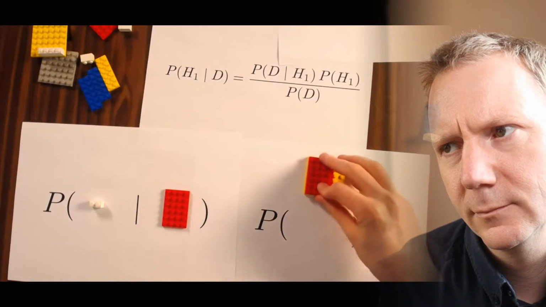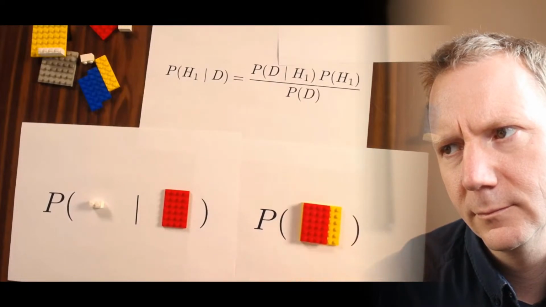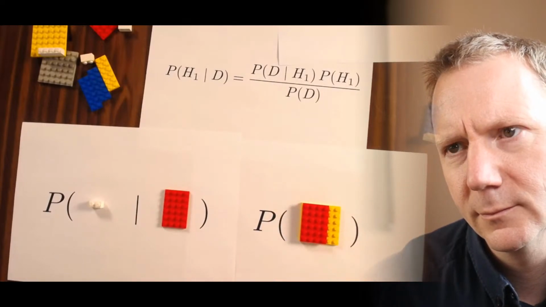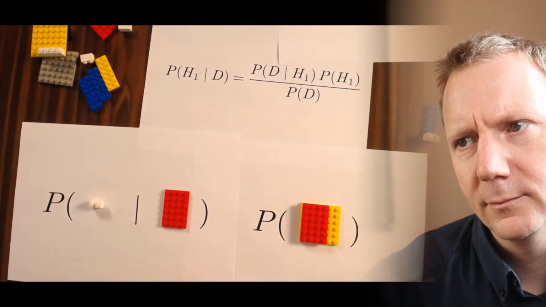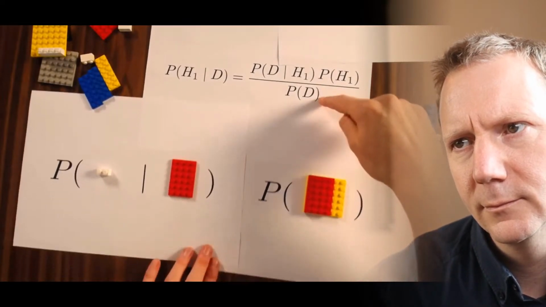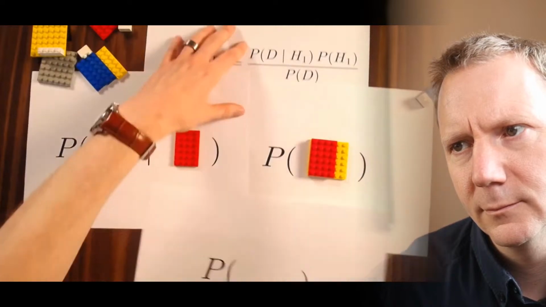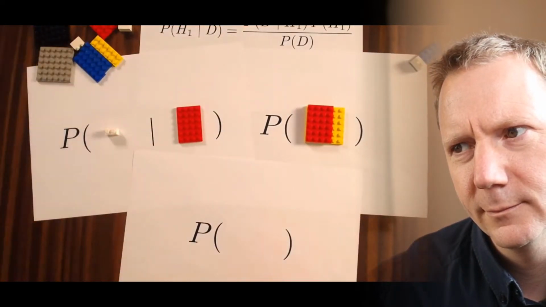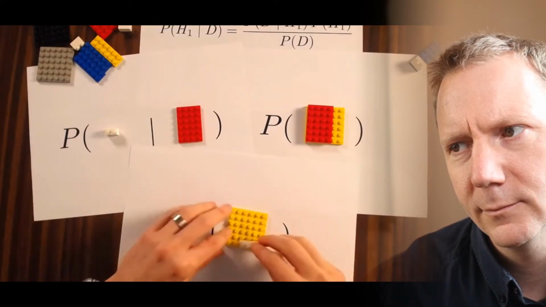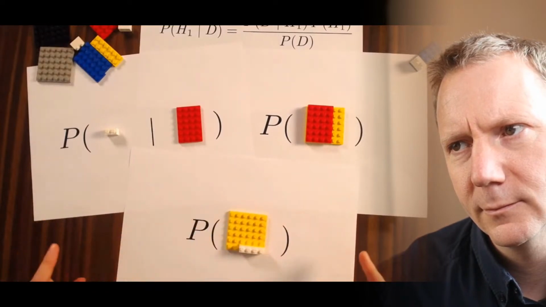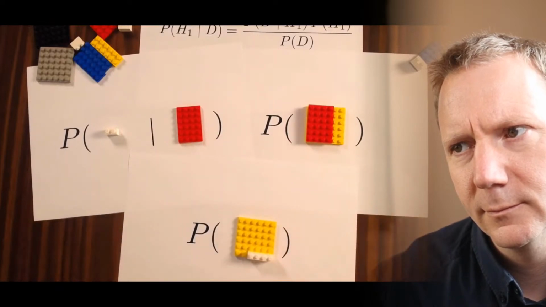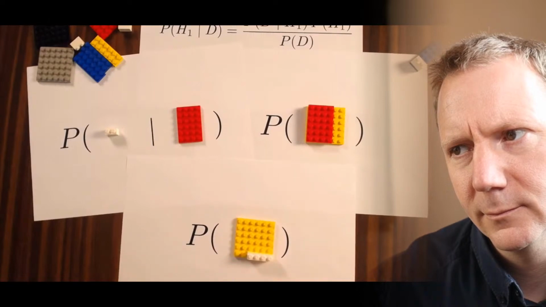The probability of the hypothesis can be calculated as follows. 24 pegs in a space of 36 pegs. 6 times 6 is 36, so 24 over 36. And that's the probability of the hypothesis. The probability of the data is the last element we need. I'm going to place it here. The probability of the data equals the probability of the data regardless of the hypothesis. Therefore, the probability of the data equals 4 over 36.